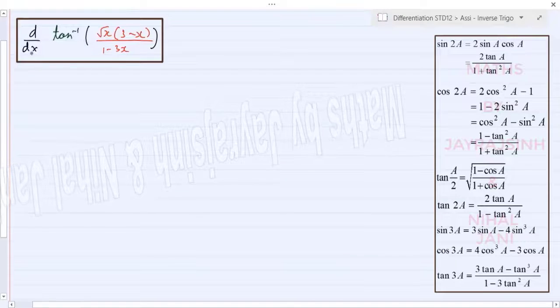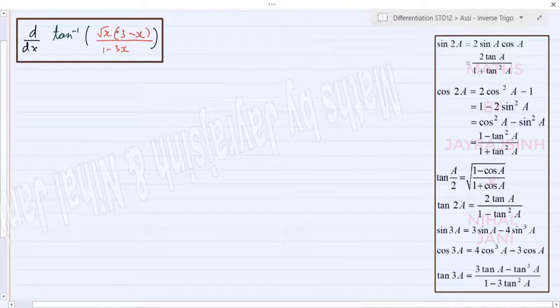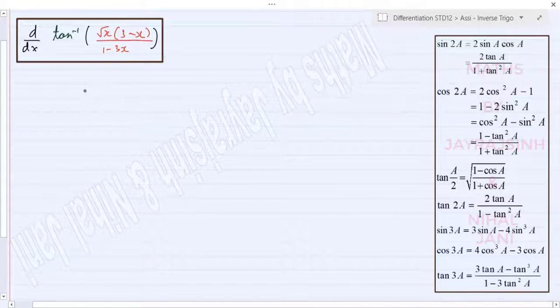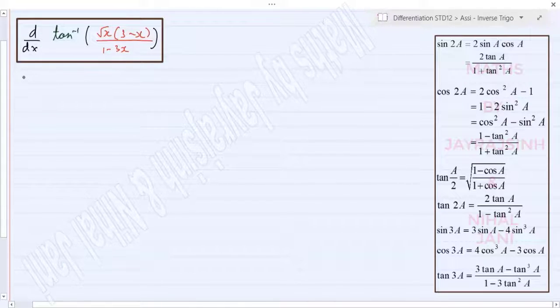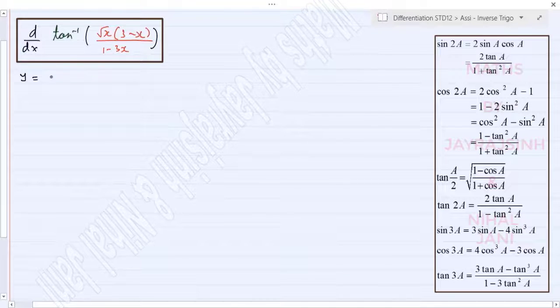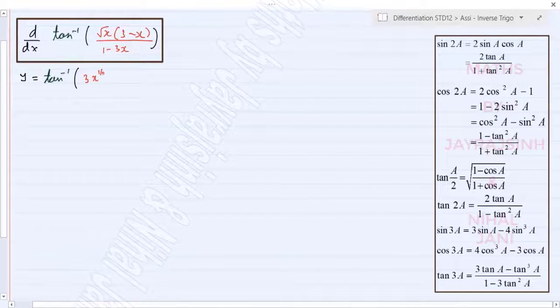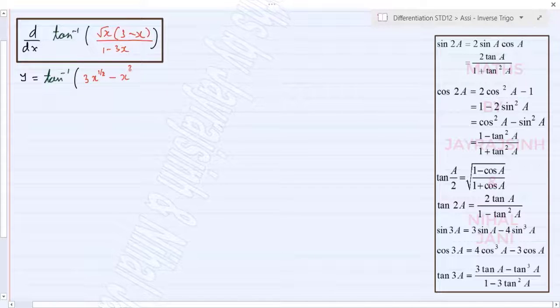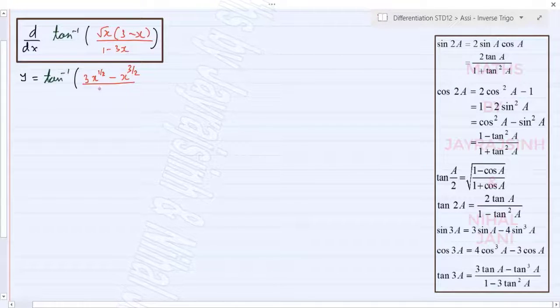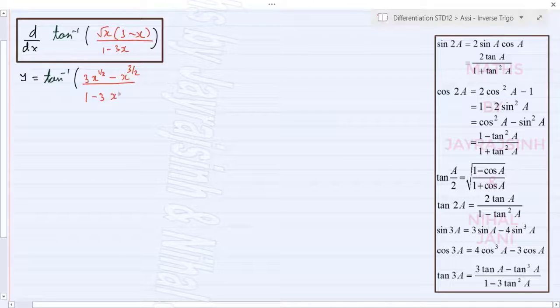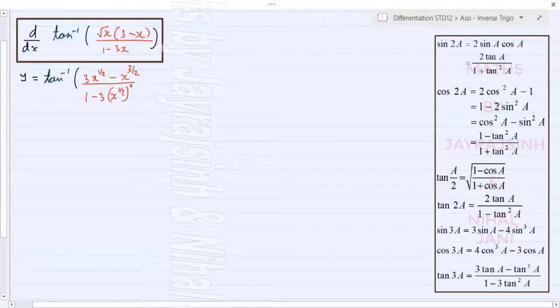In this question, we have to differentiate tan inverse of root x (3 minus x) upon 1 minus 3x. So first of all, let's get our y, which is tan inverse of (3x raised to 1 by 2 minus x raised to 3 by 2) upon 1 minus 3x. This x can be rewritten as square of root x.